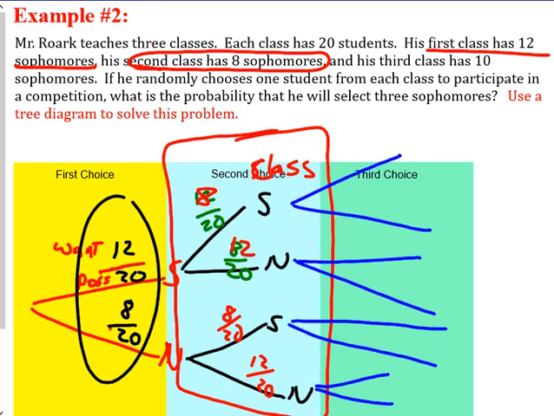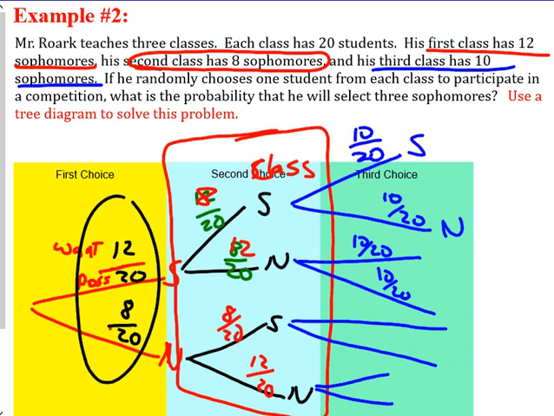So in that third class, he has 10 sophomores. So we're going to go sophomore, not 10 out of 20. And that means 10 out of 20. And that's going to be the same the whole way because this whole green column is his third hour. 10 out of 20, 10 out of 20, 10 out of 20, 10 out of 20. And 0.5 and 0.5, because that's the same thing as 10 out of 20, right? I probably could have been doing that the whole time.